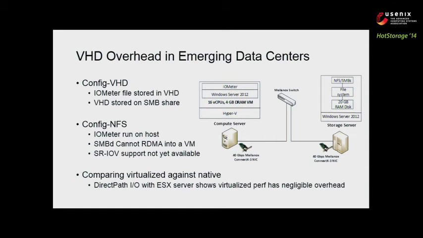However, we believe this is acceptable because recent work has shown that for an ESX server from VMware with DirectPath I/O support, the virtualized performance has negligible overhead. So we believe it's still fair.